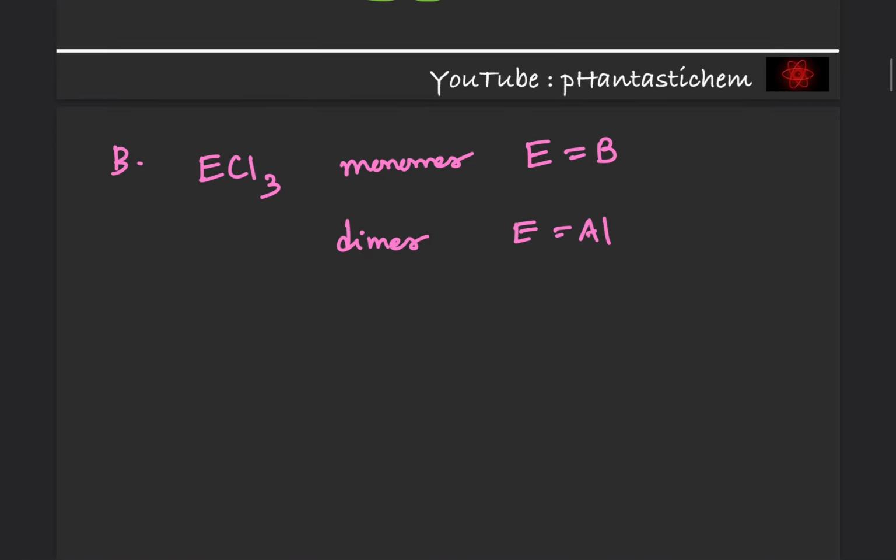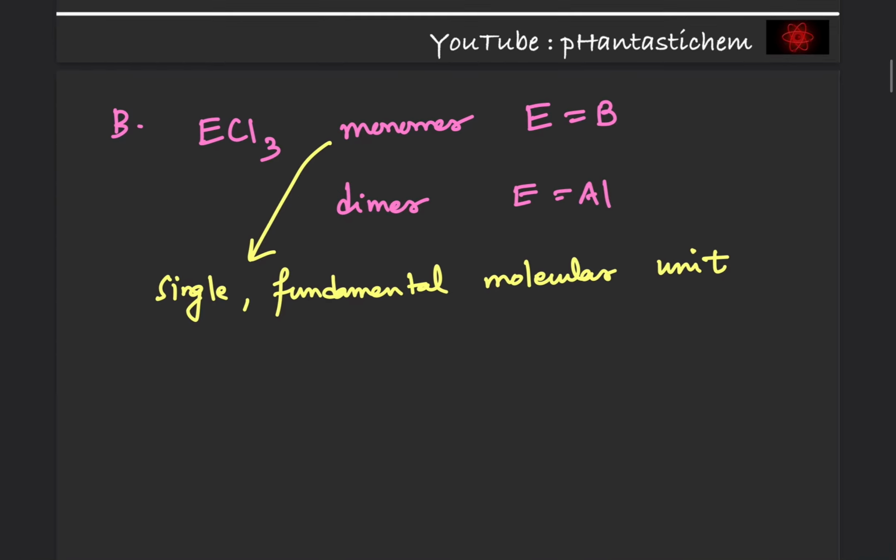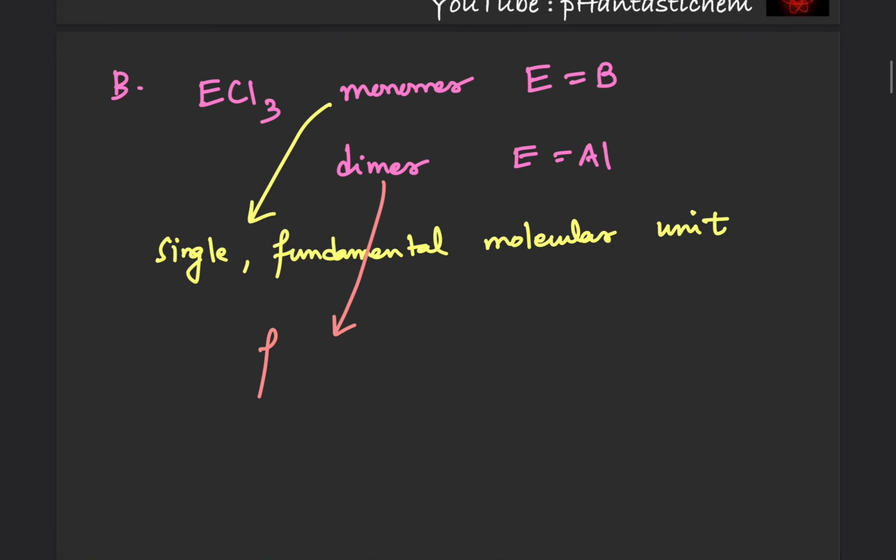Okay, so a monomer is a single fundamental molecular unit. A dimer is a larger molecule, obviously, which is formed by linking exactly two monomers together.